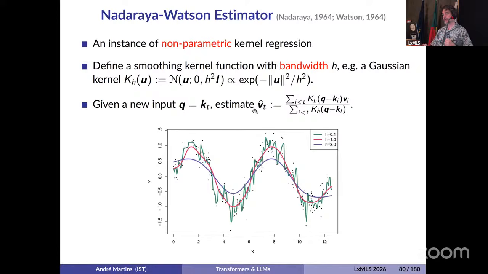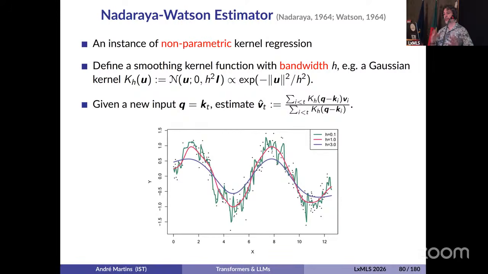To estimate the value corresponding to a key KT, we look at how far this new key, or this query, is from each of the keys in our KV cache, and we use those as weights on the corresponding values in that KV cache. So you want to give more weight to values that are associated with keys that are very similar to the current key that we have now, right?